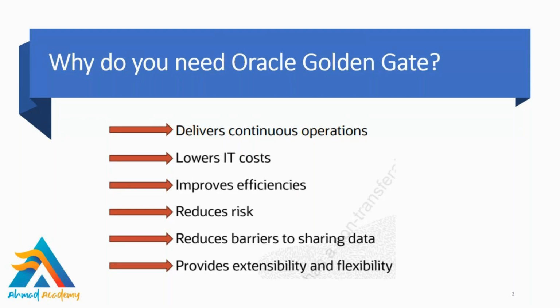And it will reduce the risk by ensuring data integrity and reliability between source and target database, and reduces barriers to sharing data because it has no application impact for real-time data acquisitions, provides improved visibility and business insight, and provides extensibility and flexibility by meeting a variety of customer needs and data environments with open and modular architecture.